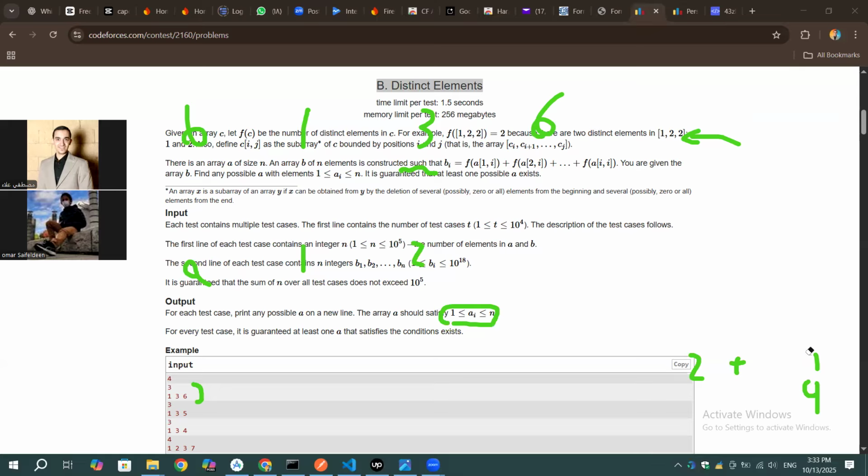Let's try 1, 2, 1. f here plus f here plus f here. So it will be 2 plus 2 plus 1. It will be equal to 5, right? So last time we had 4, but now we have 5. It's better, right?